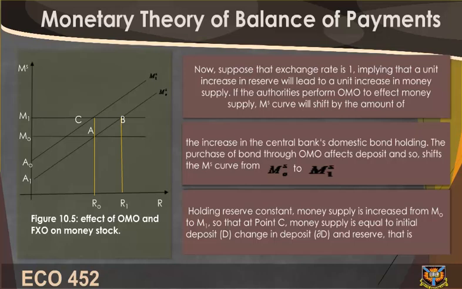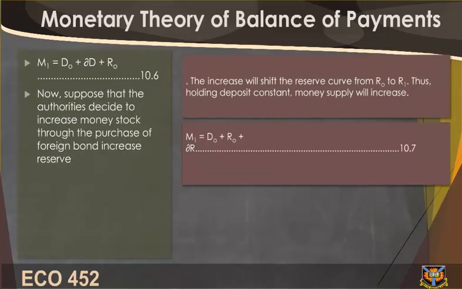Now, suppose that the authorities decide to increase money stock through the purchase of foreign bond, increasing reserve. The increase will shift the reserve curve from R0 to R1, thus, holding deposit constant, money supply will increase.